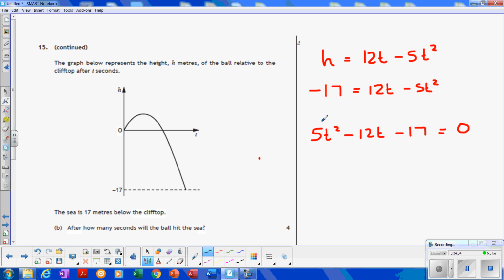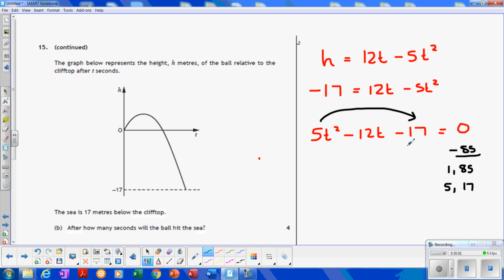So when we factorise that, we take the 5 times minus 17, which is minus 85. So not brilliant numbers. So we're looking for factors of 85, so it'll be 1 and 85. 2 doesn't divide into it because it's not even. 3 doesn't divide into it either. 4 doesn't divide into it. 5 divides into it, so it's 5 times 17. Now you have to go through and check all those factors.